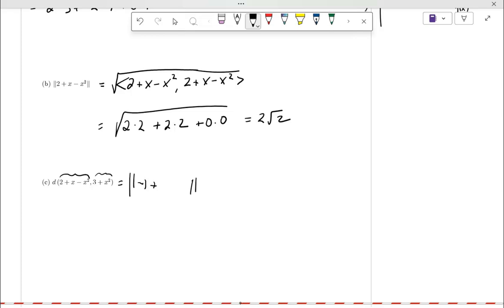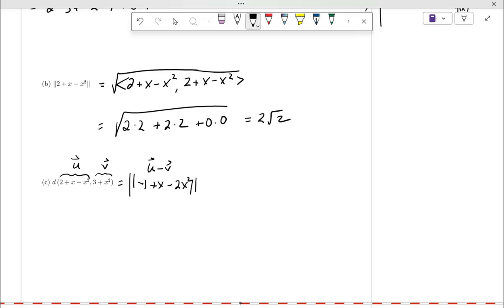So you get negative x squared minus x squared. Did the order matter? Could you have subtracted the other way too? Yeah. Okay. So again, if this is your u and this is your v, the first thing you're going to do is u minus v, right?